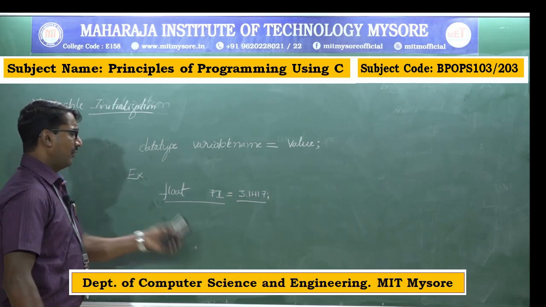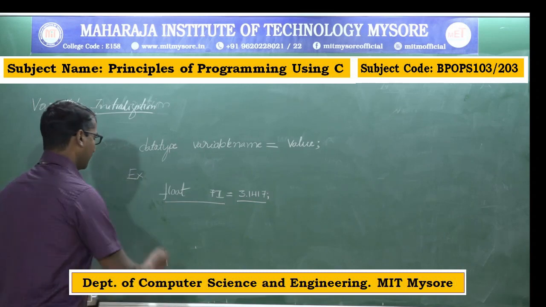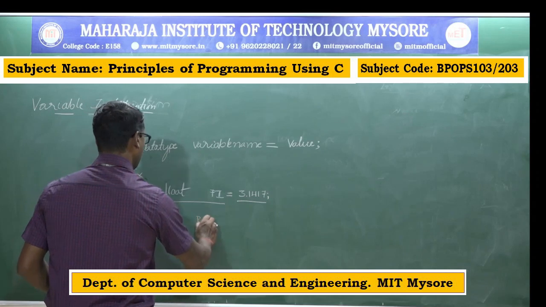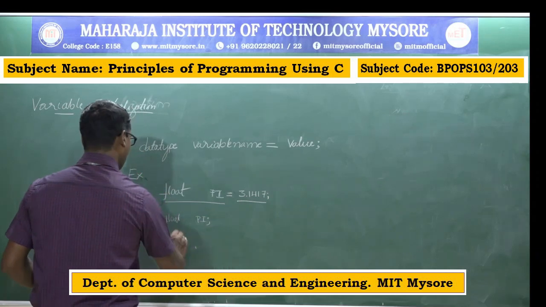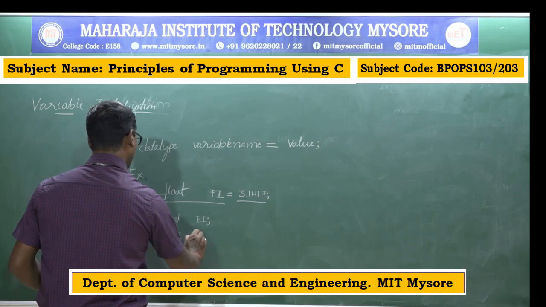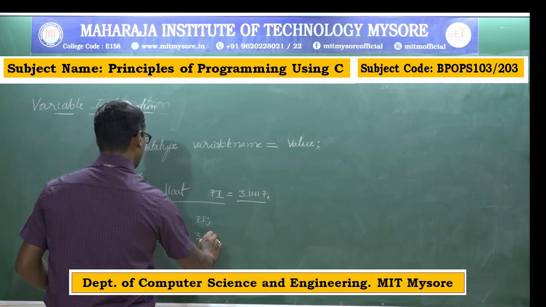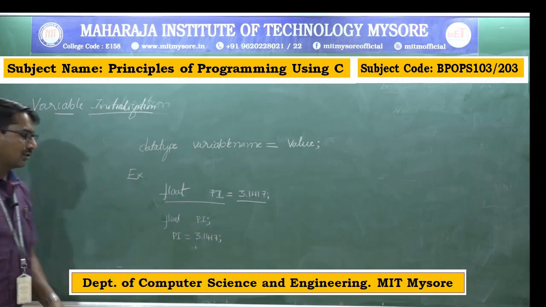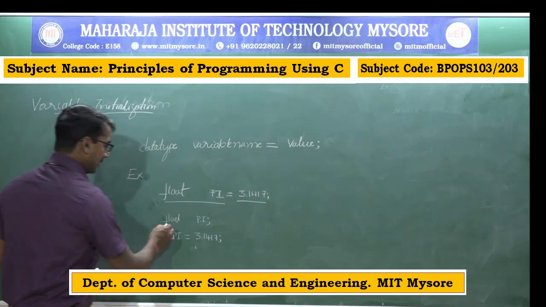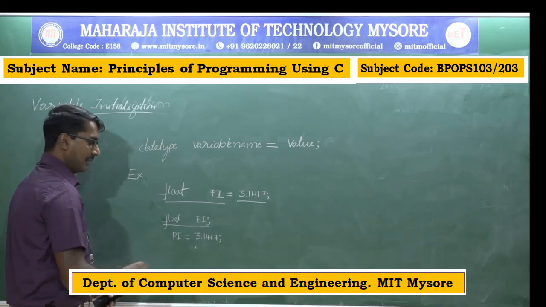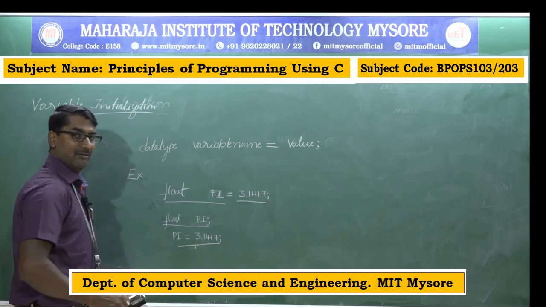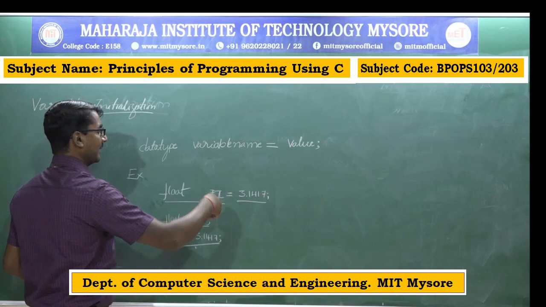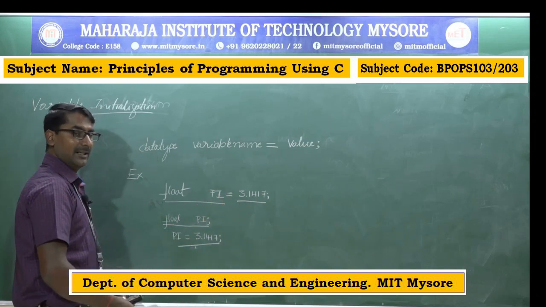So we can also perform this initialization by writing the statement float pi; and pi is equal to 3.1417. This is also valid, but this is declaration and this is assignment. Here we are declaring as well as initializing the variable in a single statement.